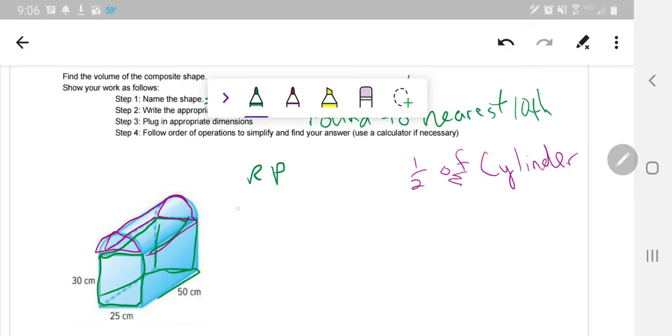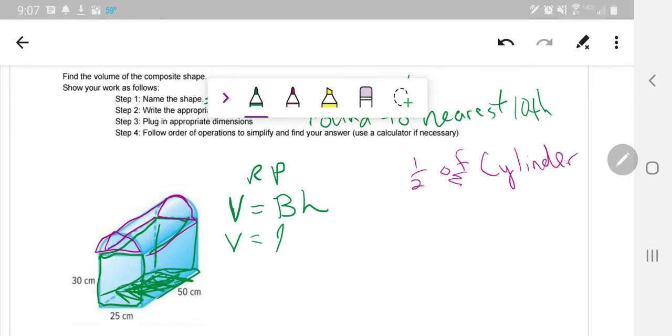Well, for a rectangular prism, I know that all prisms have a volume of the area of the base times the height. In this case, the base is going to be a rectangle. So I'm going to replace that big B with either LW or BH. Basically, I am just going to multiply the dimensions of this base by each other.